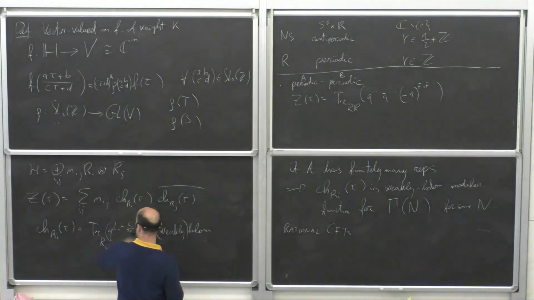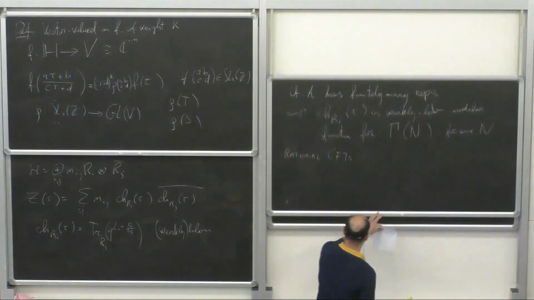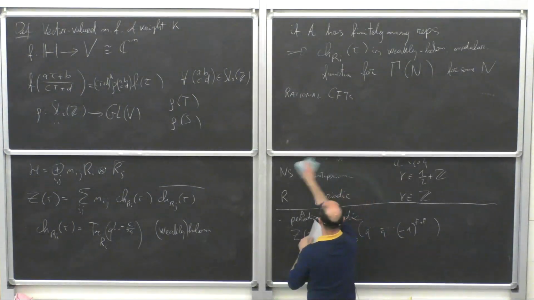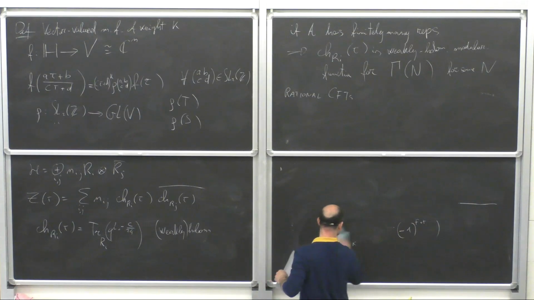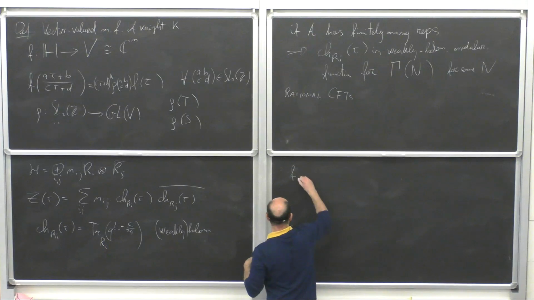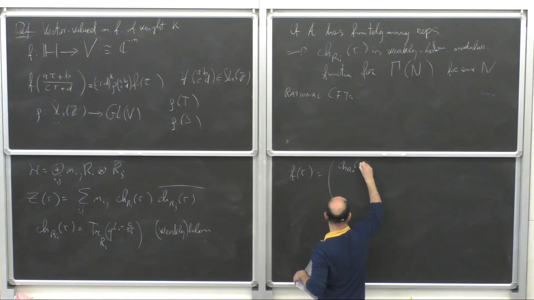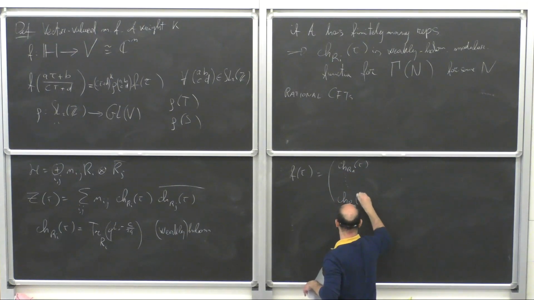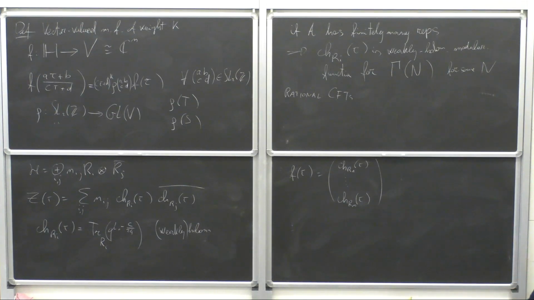if you have all these characters here, so if you have a rational CFT, so you have only finitely many characters, then you can take all characters and take them as the components of a vector, which depends on tau.